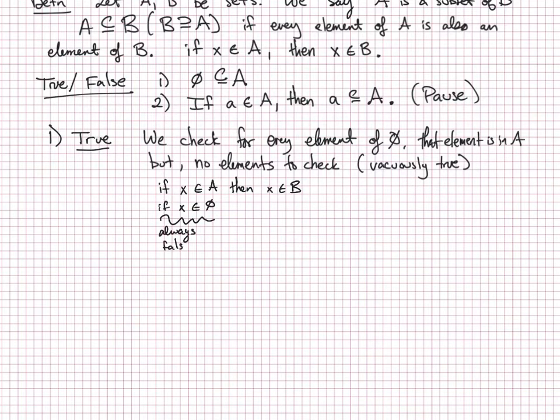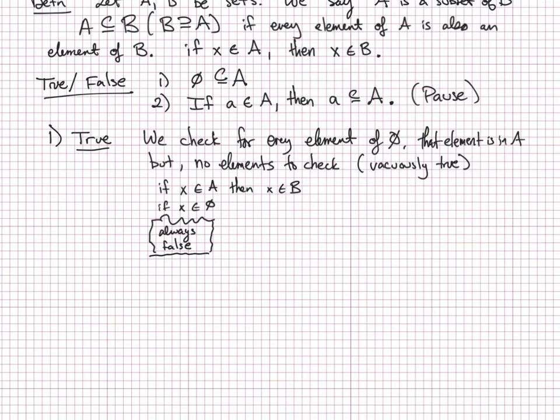We'll see more when we talk a little bit about propositional logic. Whenever you have an if-then statement and the if statement is always false, then the entire statement is always true. So when there's nothing to check, it's just going to be vacuously true.